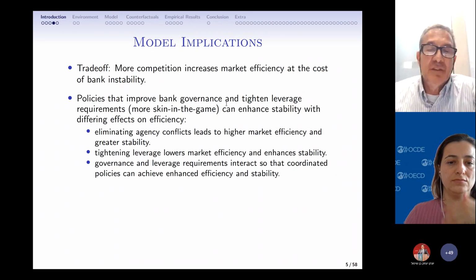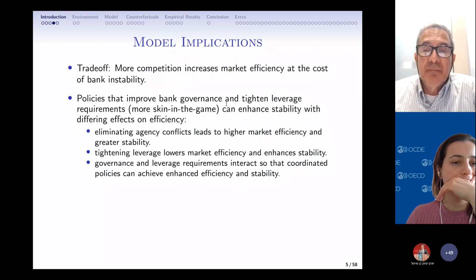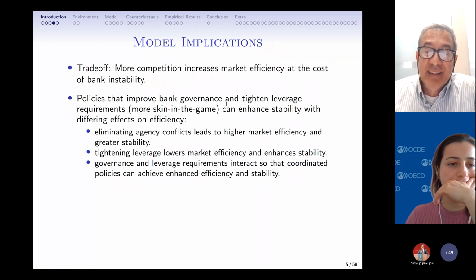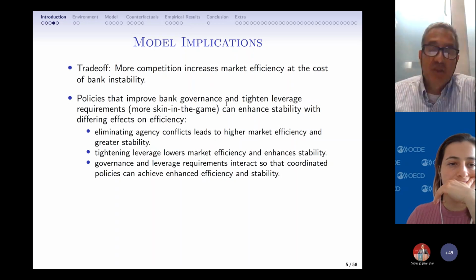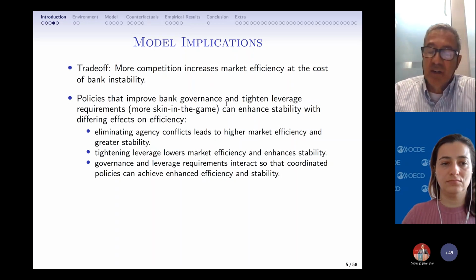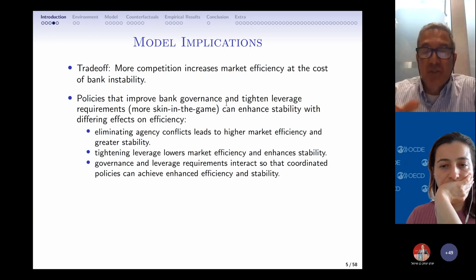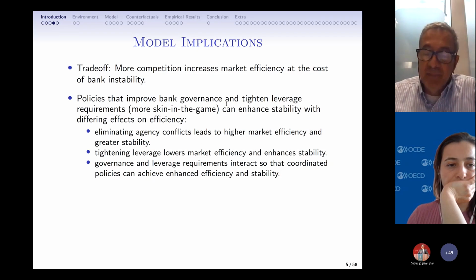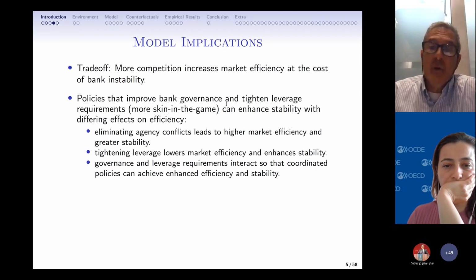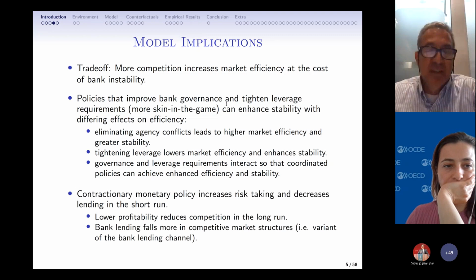It leads to higher market efficiency and greater stability, while tightening leverage enhances stability, but at the cost of potentially changing interest margins and markups in the economy. I'll show you how the model generates an interaction between the two. Both policies can be used to try to enhance efficiency and stability.